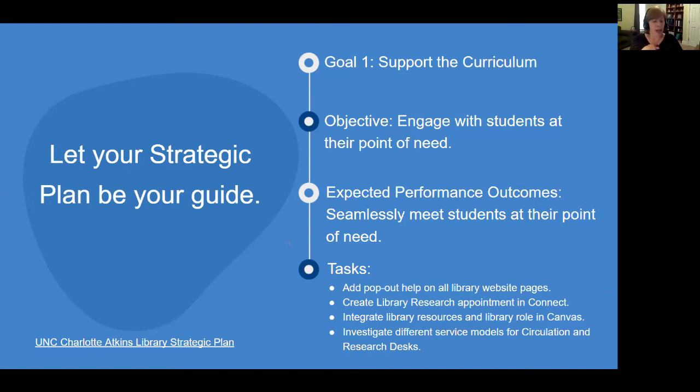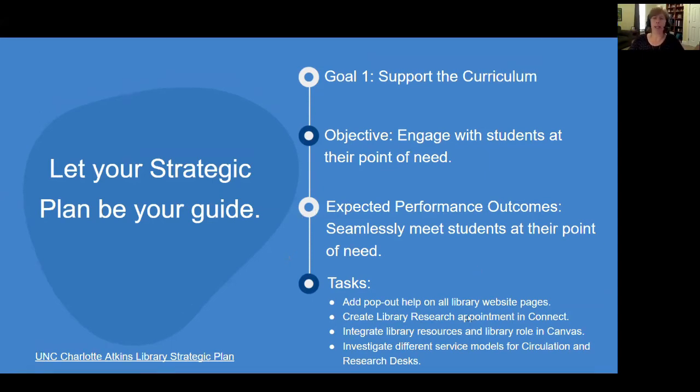In our library strategic plan, we have 5 major goals that we work on across the 5-year cycle. And we revisit our progress on those goals on a yearly basis. I'm just going to use goal 1 as an example. Goal 1 indicates that we will support the curriculum.